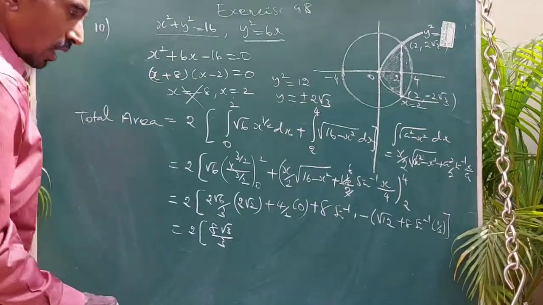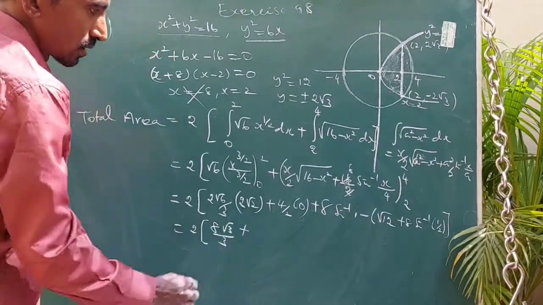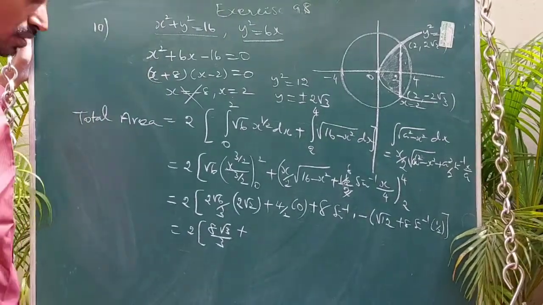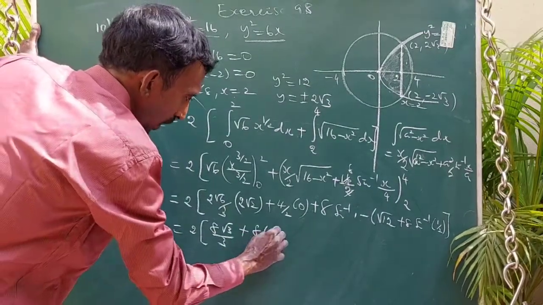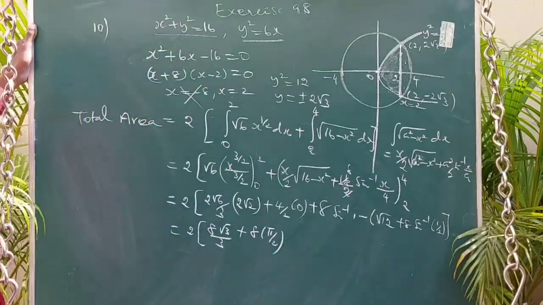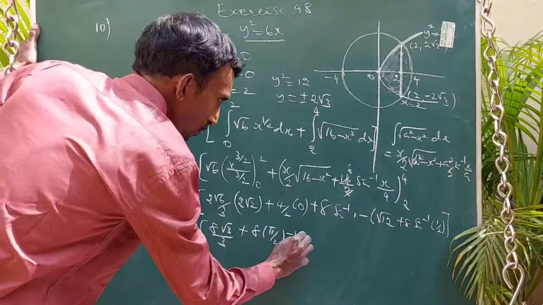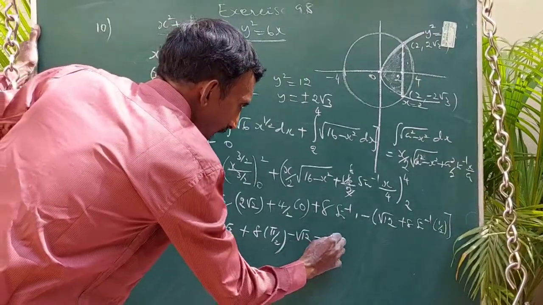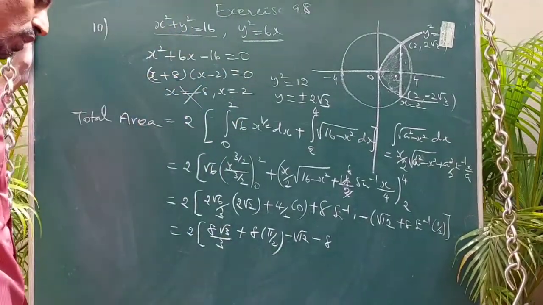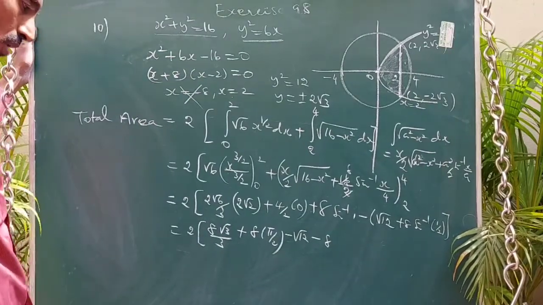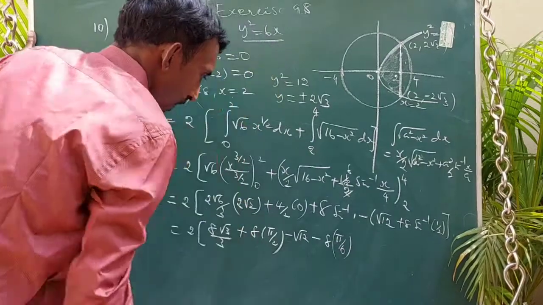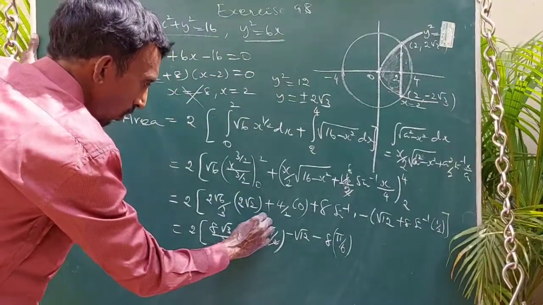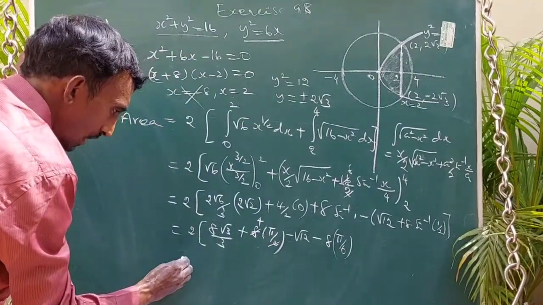Plus 8 into sin inverse of 1, which is 90 degrees, so pi by 2. So minus root 12 minus 8 into sin inverse of 1 by 2, which is 30 degrees, so pi by 6.